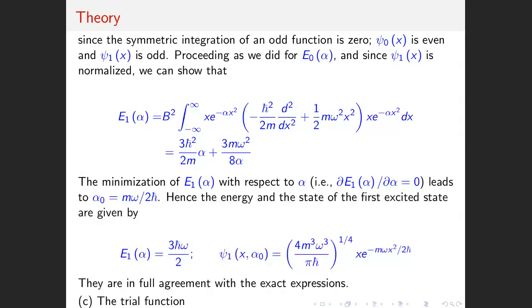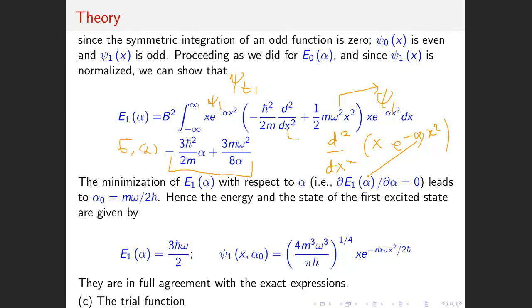What we then do is that we just take that trial wave function psi t1 to compute the expectation value of the Hamiltonian. So this is psi1, H, psi1. You do the same thing I did. There's going to be a term there, then this derivative is going to act. Just find what is d2 over dx squared of x e to the minus alpha x squared. I think everyone can do that, but in the end, you again end up with some family of energies depending on this parameter alpha.